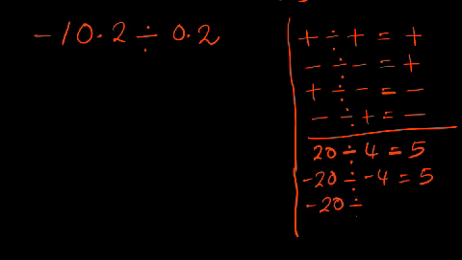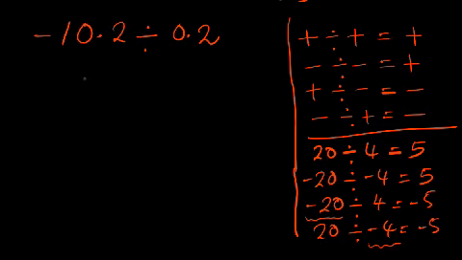But negative 20 divided by positive 4 is negative 5, and 20 divided by negative 4 is also negative 5. Why? Only one number is negative here. This is the rule for integer division. That means when both numbers have the same sign, the answer is positive, and when only one number is negative, the answer is negative.